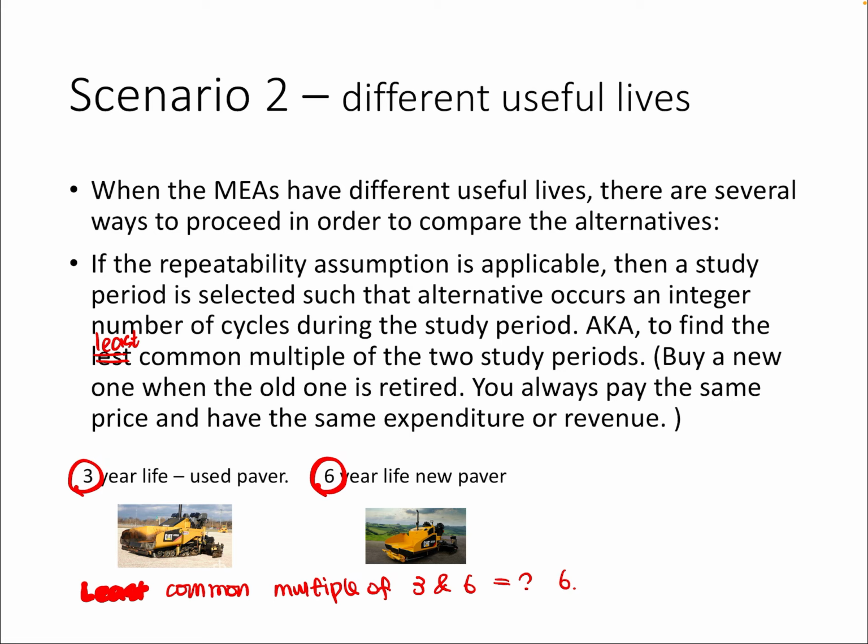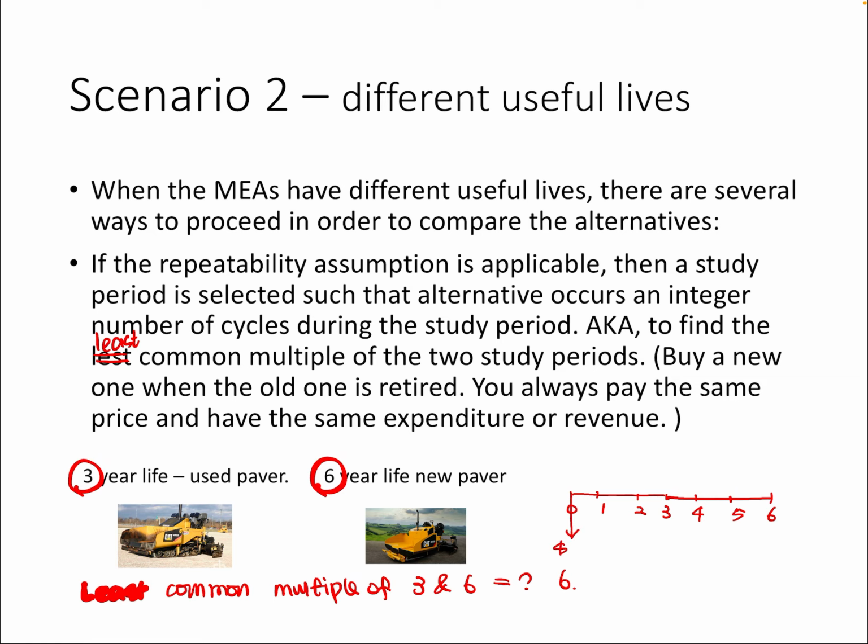And then how do we extend the 3-year life cycle of the used paver to 6 years? 0, 1, 2, 3, that's one life cycle of the used paver. You just need to extend it for another 3 years, but you need to pay the same amount.